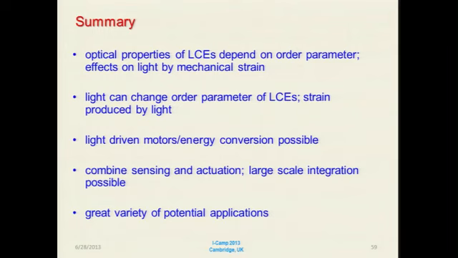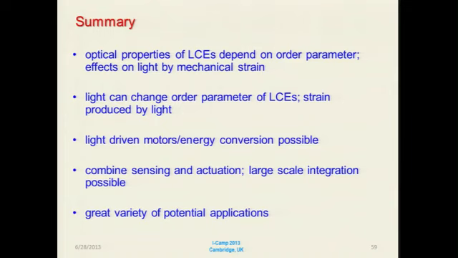Summary: well, optical properties depend on the order parameter, and then by changing that with biomechanical strain, one can control light to some extent. And the converse is that light can change the order parameter and give rise to strain and shape changes.